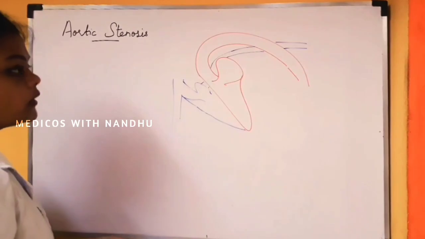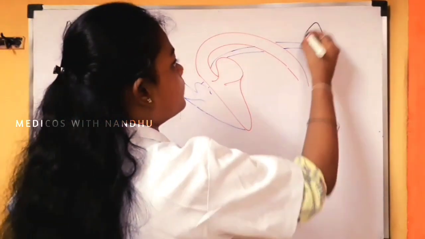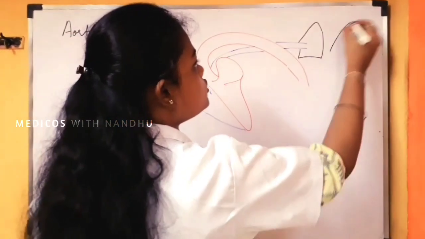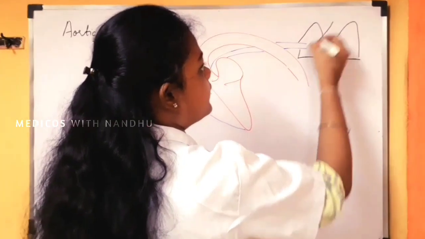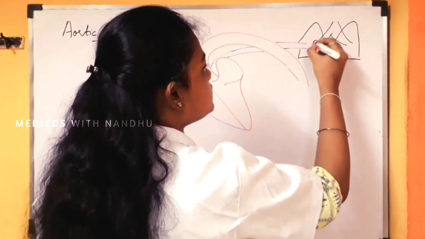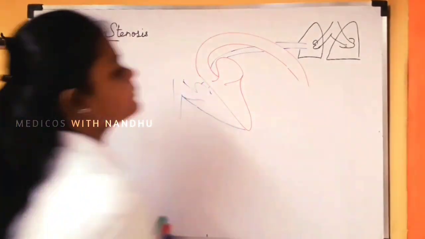There are two lungs, beautiful lungs, which are used to exchange gases. Oxygen and carbon dioxide exchange takes place here.